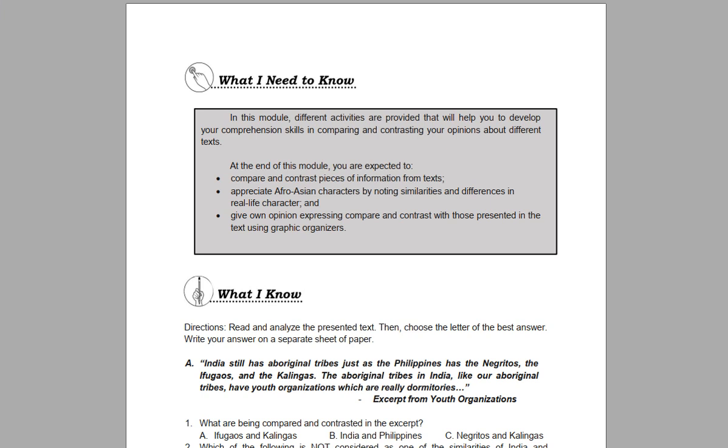Next, you're going to appreciate Afro-Asian characters by noting similarities and differences in a real-life character. Meaning, there will be a character presented to you, and you will note the similarities, or the same characteristics, or differences, or the different characteristics from a real life character.